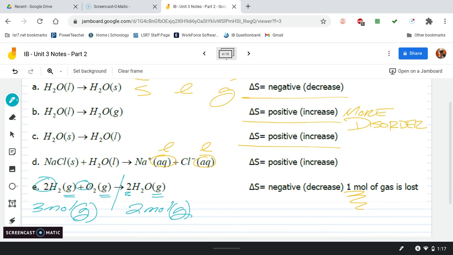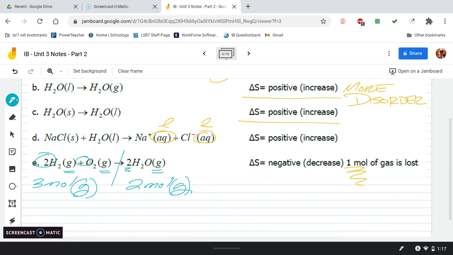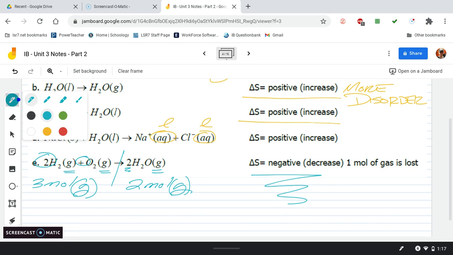So what happened is we lost a mole of gas. We're actually going away from the gas state of matter because we have less of it. So we have a negative delta S because we lost a mole of gas. You just compare moles on one side to moles on the other if it's the same state of matter. So 1 mole of gas is lost. That's really important because this does come up quite a bit.